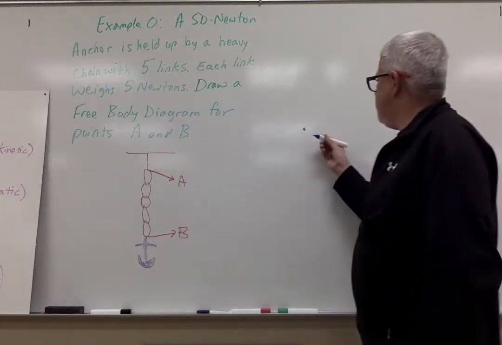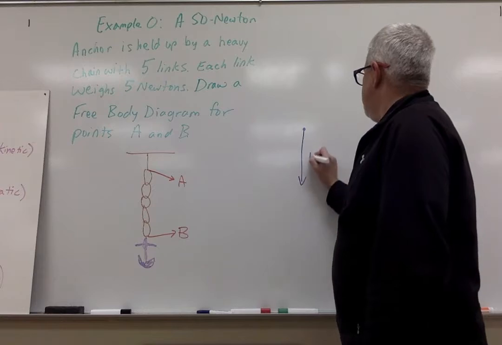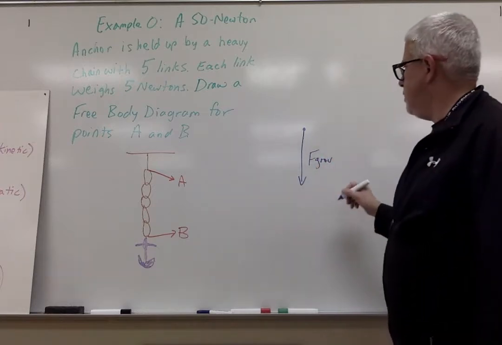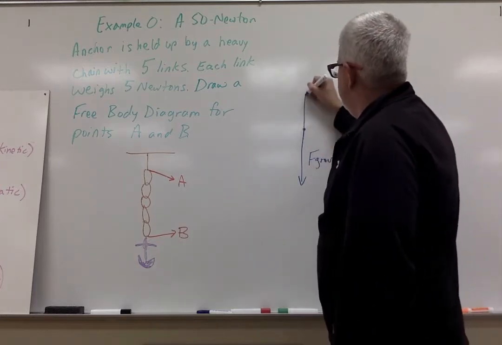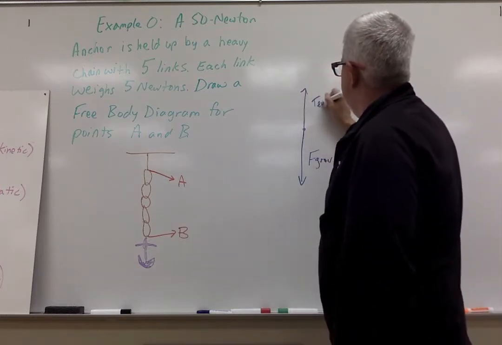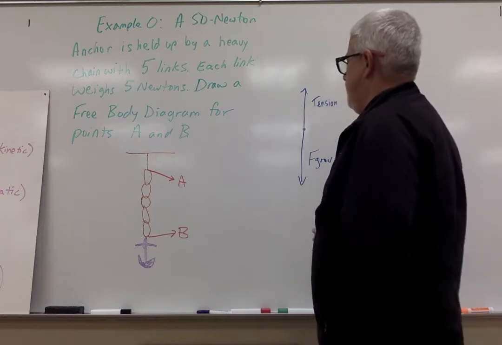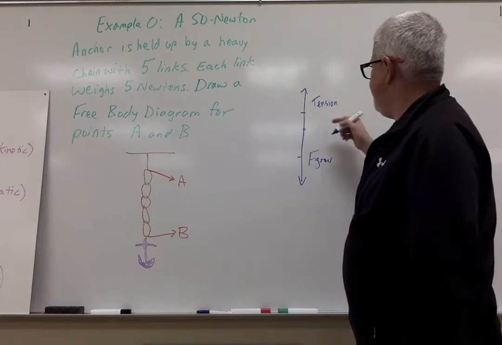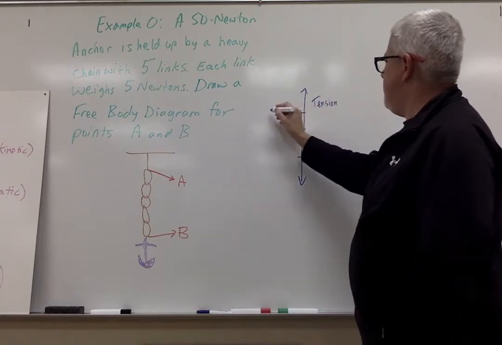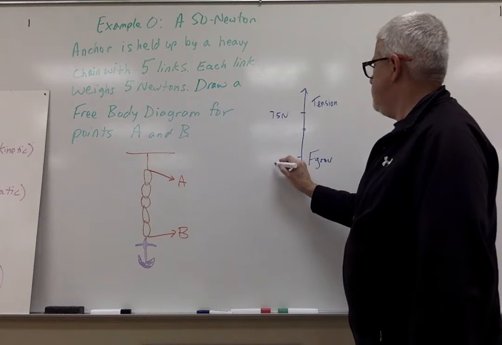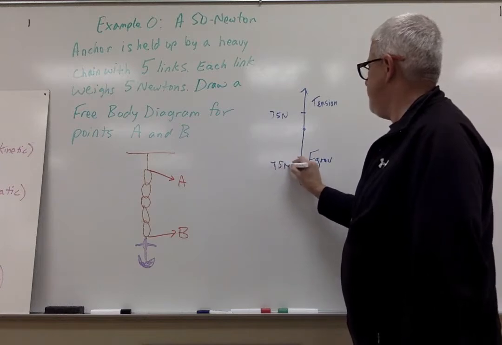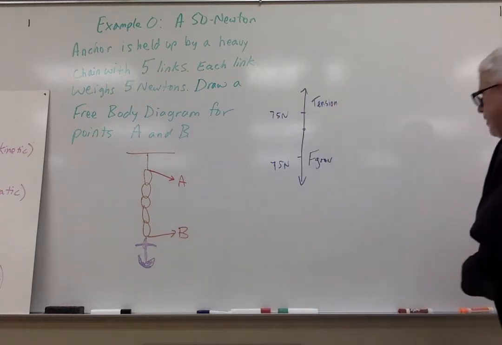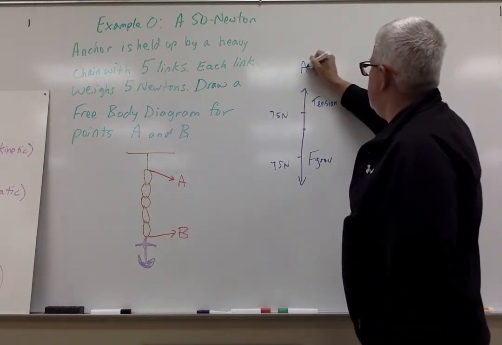So I would say something like this: F grav, or you could say mg, and tension. At that particular point, those would be equal to each other. That would be 75 newtons, and this would be 75 newtons as well. I'm going to assume that there's a little light string in there as well. So this is, by the way, at point A.